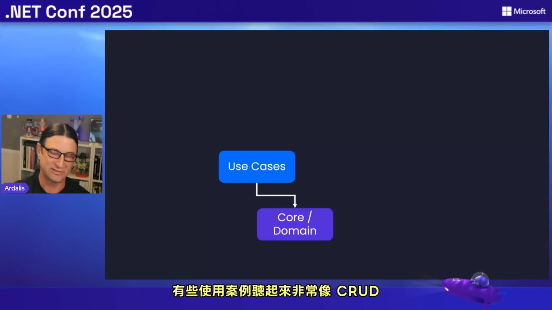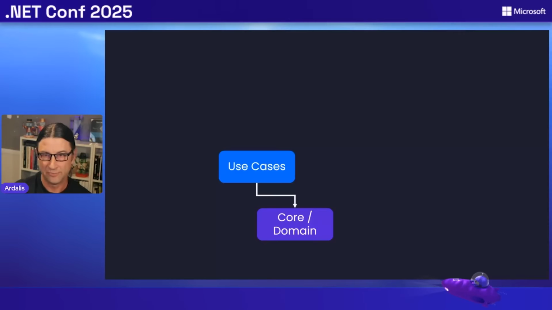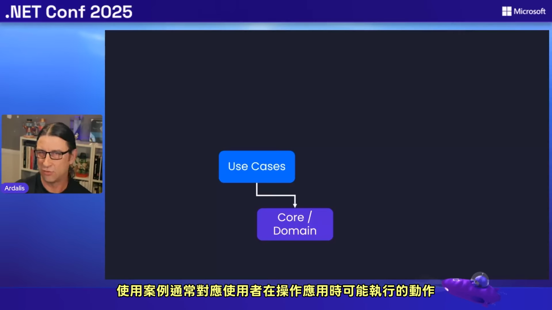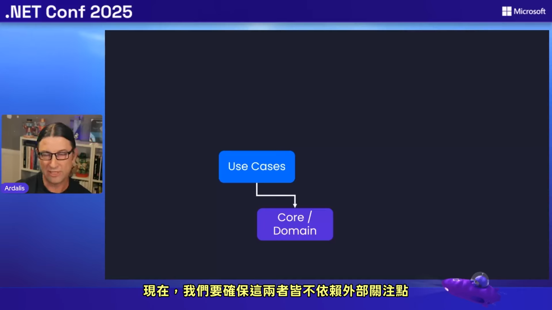Some of them are going to sound very much like CRUD, like create, read, update, delete operations, but others could be more business logic or in the business domain terminologies, right? But a use case is going to generally correspond to an action a user might take when working with the application. Now, we want to make sure neither one of these depends on external concerns.